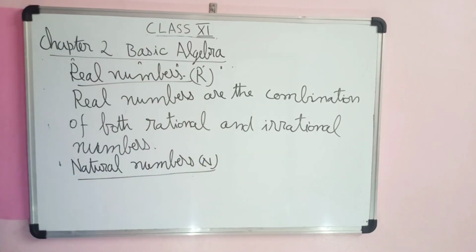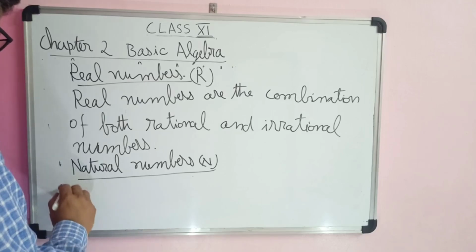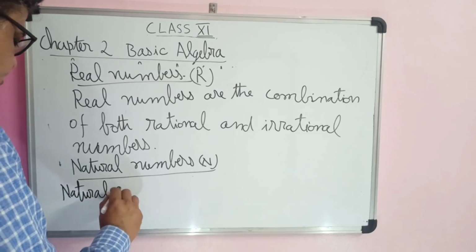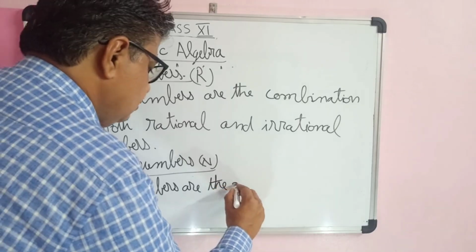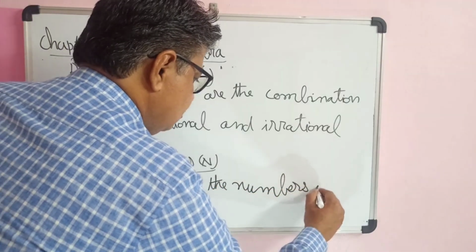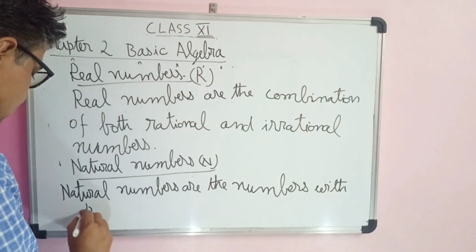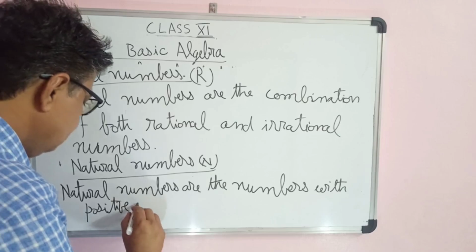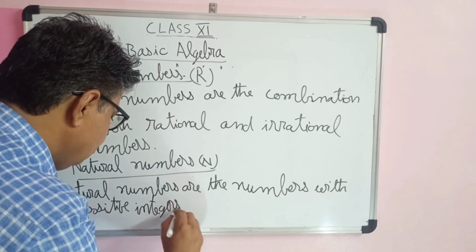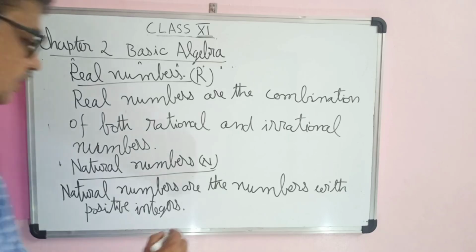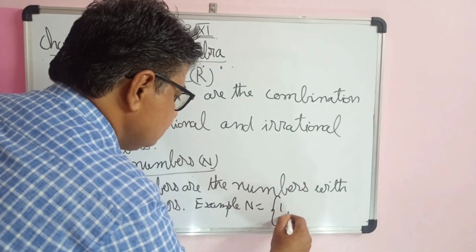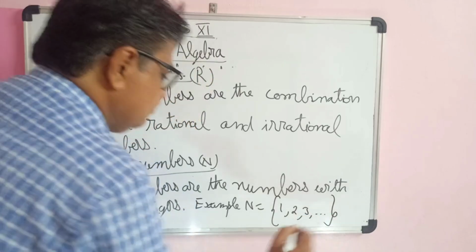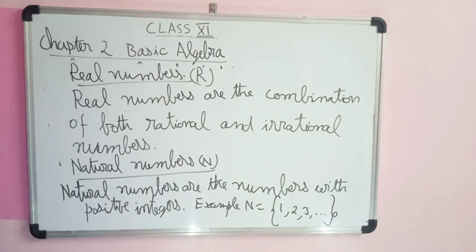Natural numbers are the numbers with only positive integers, varying from 1 to infinity. Examples: 1, 2, 3, etc.